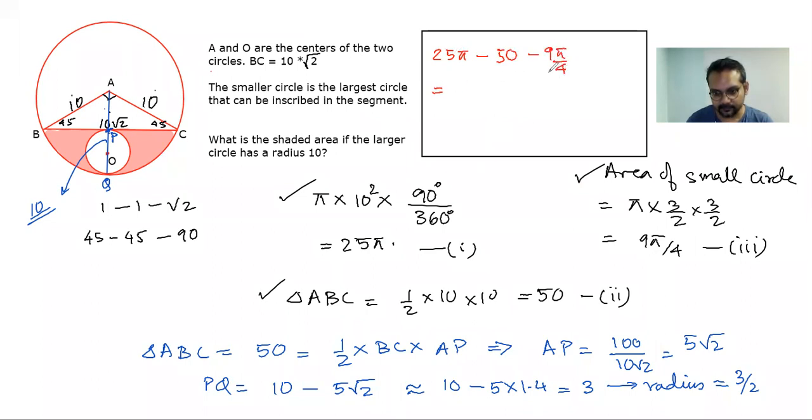So that's 25 pi. If you take the LCM as 4, so 100 pi minus 9 pi. So that's 91 pi over 4 minus 50. Okay, and we have to mark the option corresponding to that. Hope this was clear. Thanks for watching.